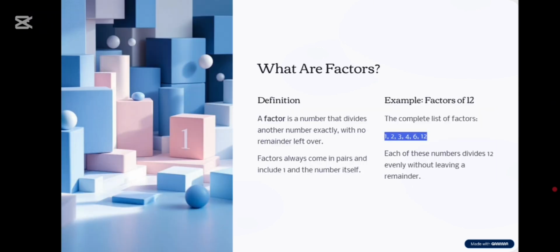Now, what are factors? A factor is a number that divides another number exactly with no remainder left over. Let me repeat that. A factor is a number that divides another number exactly with no remainder left over.